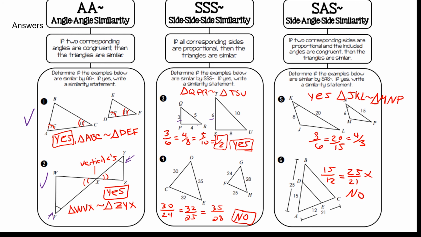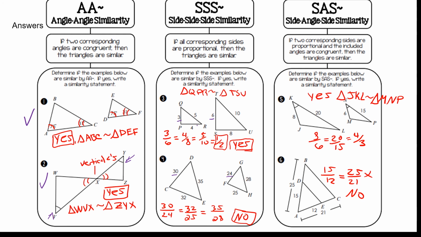If we look at number 4, looking at the smallest side here, 30 over 24 for each one, and then 32 over 25, and then 35 over 28. They do not reduce to the same thing, and so no, these triangles are not similar for number 4.